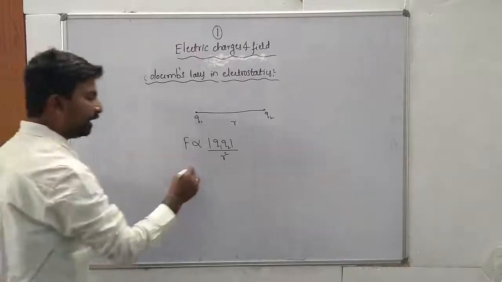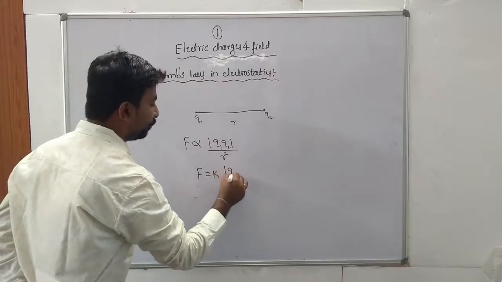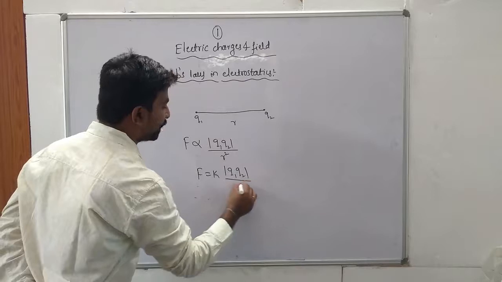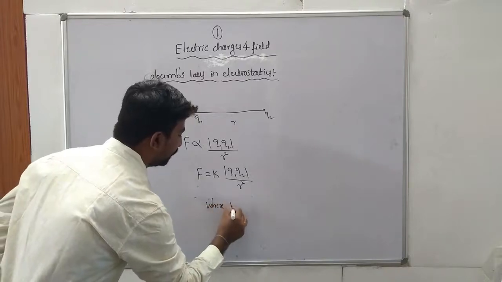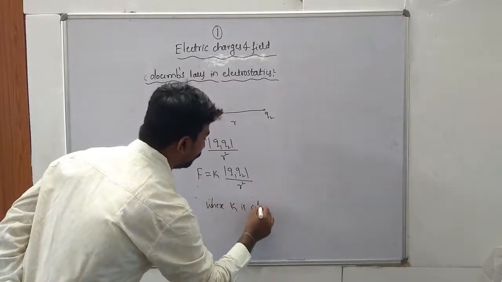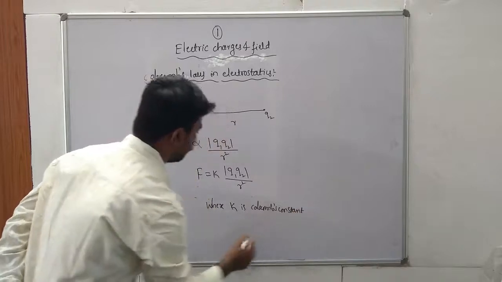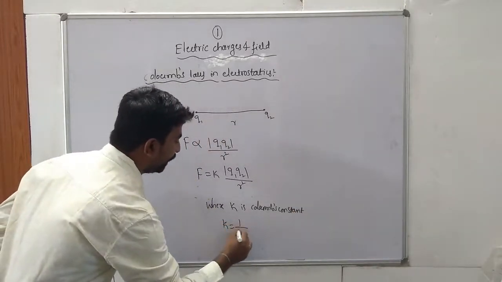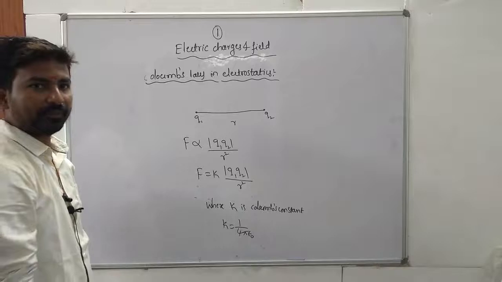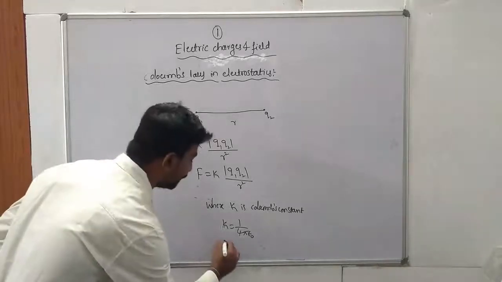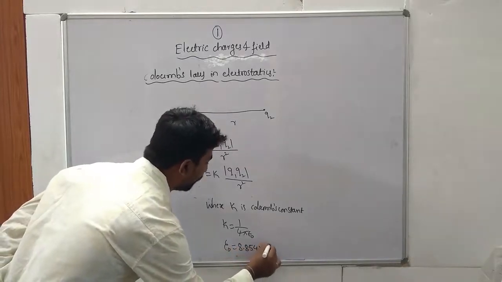So we can remove the proportionality, then we can write a constant. So F is equal to k into magnitude of q1 q2 by r square, where k is called Coulomb's constant, and its value is k is equal to 1 divided by 4 pi epsilon naught, where epsilon naught is the permittivity of free space and its value is 8.854 into 10 to the power of minus 12.